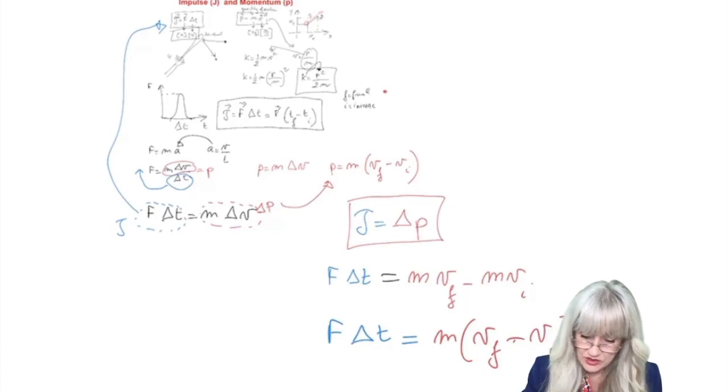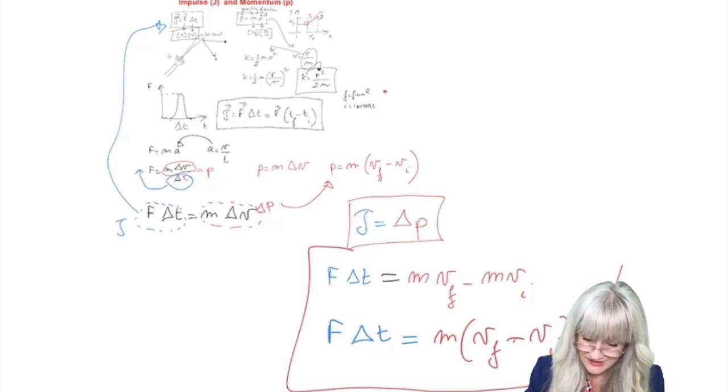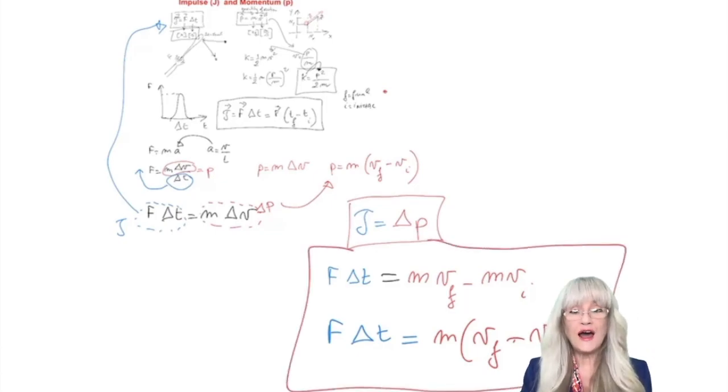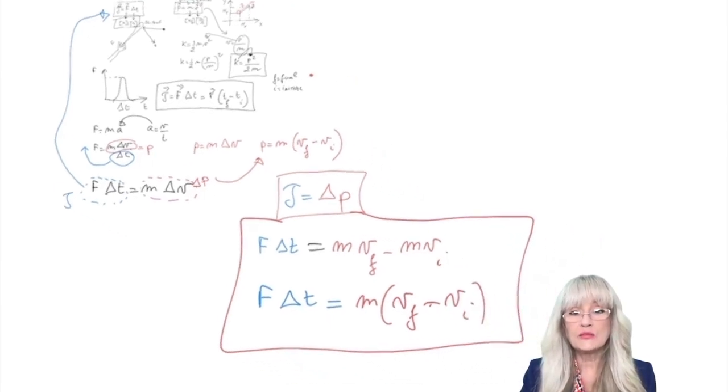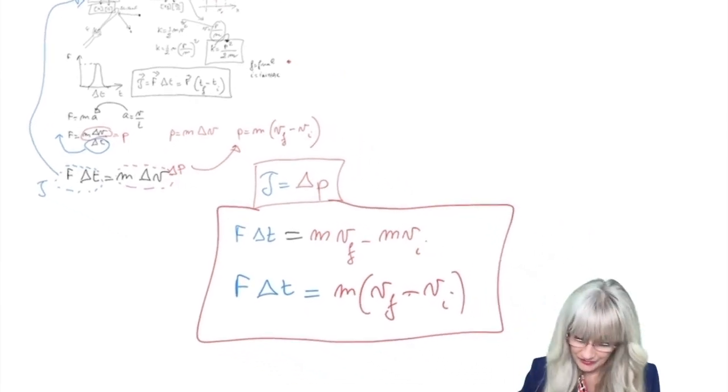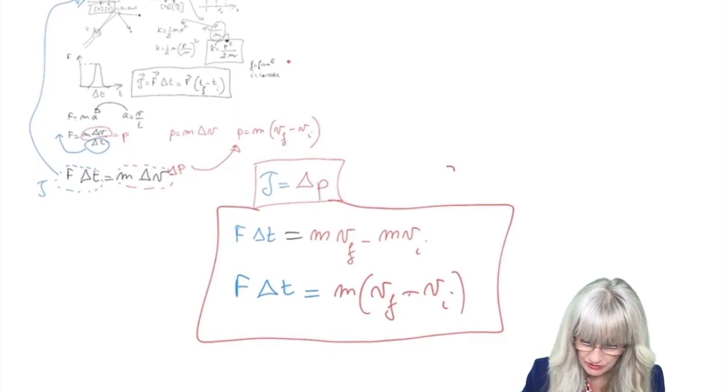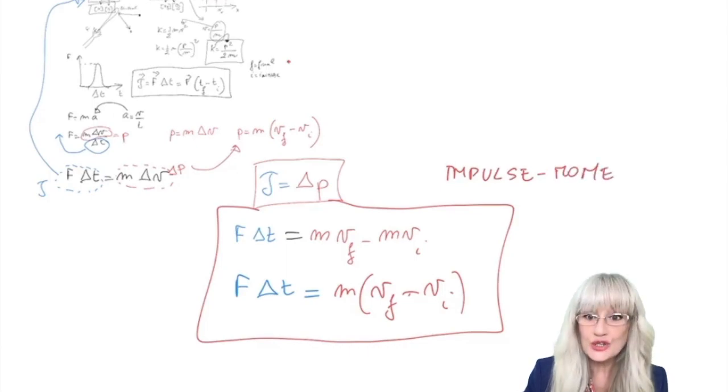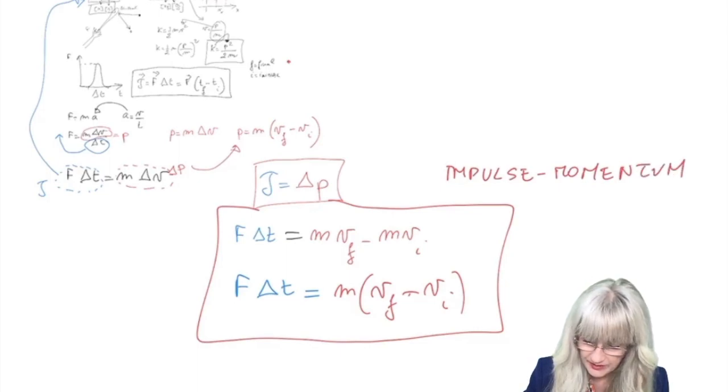Now all these considerations are equivalent and they fall under the very famous theorem. This is the impulse-momentum theorem. Very important, we are going to use it a lot of times. Impulse-momentum theorem.